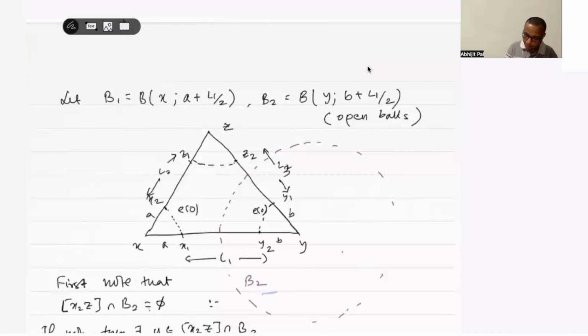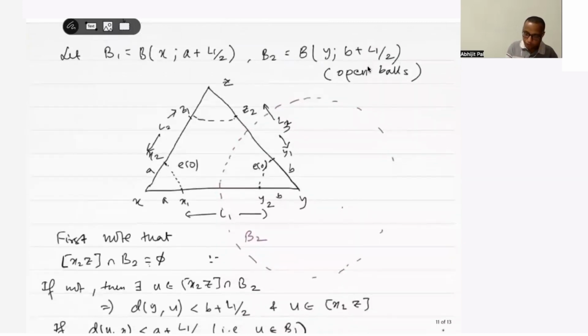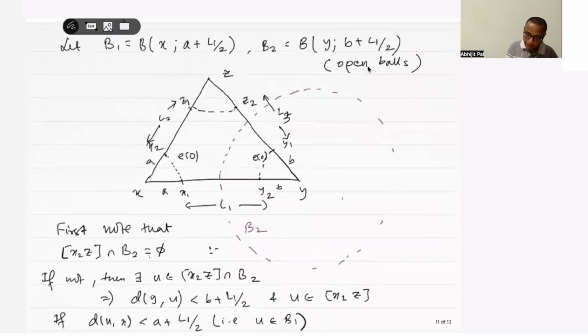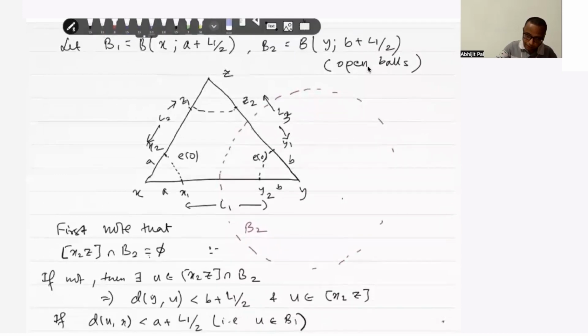So this is my B2. So the first observation is that this geodesic from X to Z does not intersect B2.